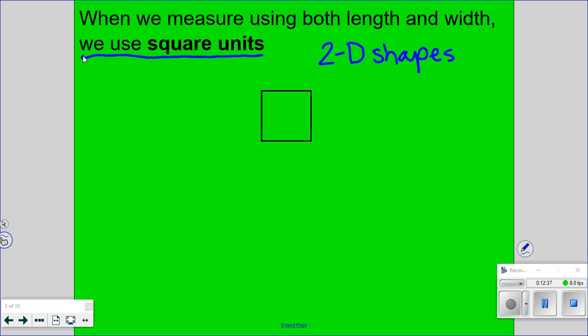If you are measuring in 2D, how many sides are you measuring? 2. Length, width. If I measure something in 3D, how many sides am I measuring? 3. Length, width, height. We're not messing with 3D this year. You will do 3D in 4th grade. This year we're only focusing on 2D. We're only taking 2 measurements, length and width.